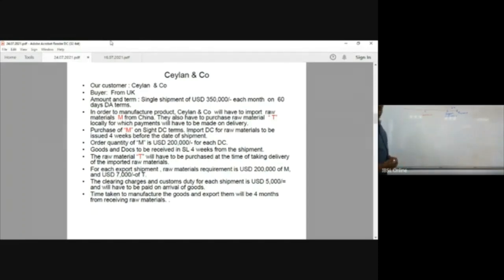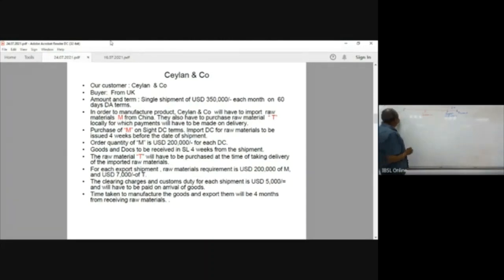Then, in order to manufacture the product, Ceylon and company will have to import raw material M from China. They also have to purchase raw material T locally, for which payments will have to be made on delivery.